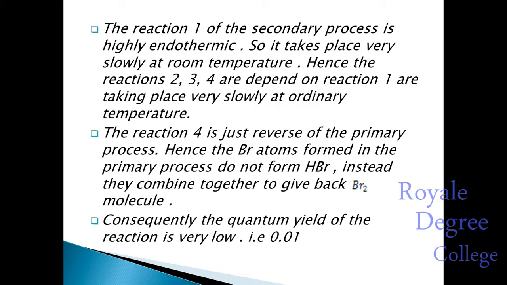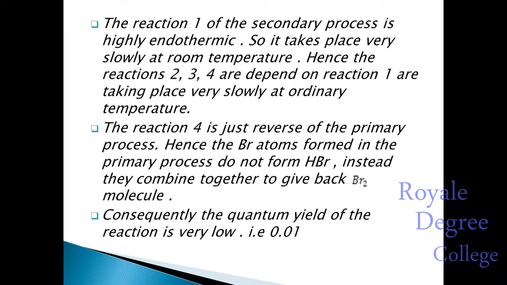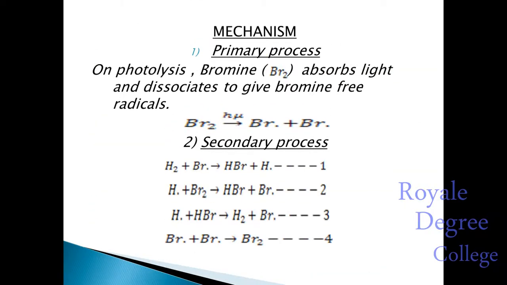So it takes place very slowly at room temperature. Hence the reactions second, third, fourth, which depend on reaction 1, are taking place very slowly at ordinary temperature. So reaction 4 is just the reverse of the primary process. See here, reaction 4th, it is the reverse of the primary process reaction, isn't it?